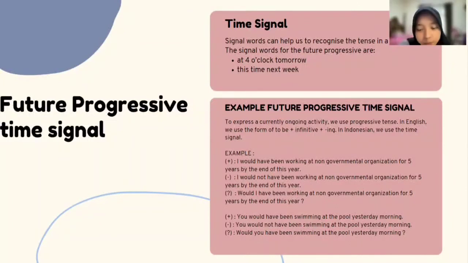Would I have been working at the non-governmental organization for 5 years by the end of the year? You would have been swimming at the pool yesterday morning. You would not have been swimming at the pool yesterday morning. Would you have been swimming at the pool yesterday morning?